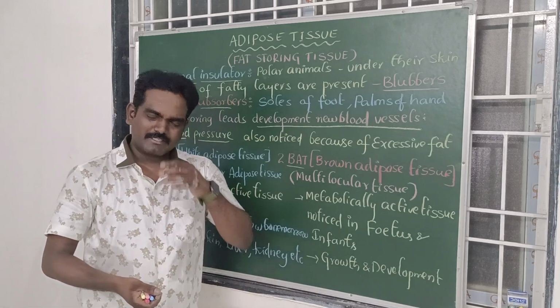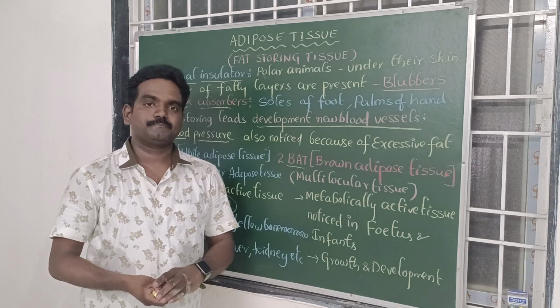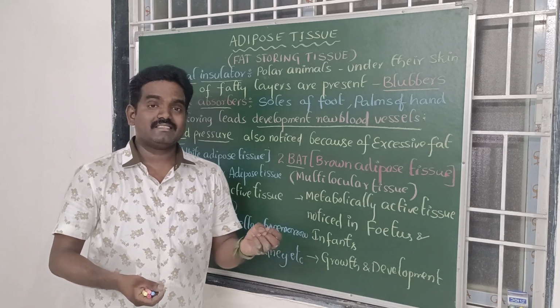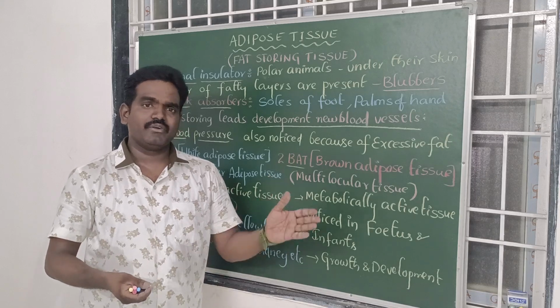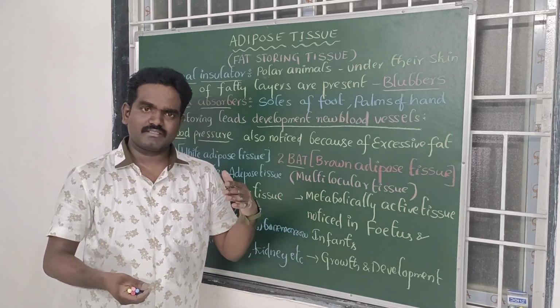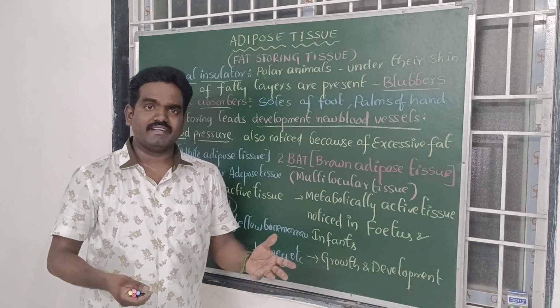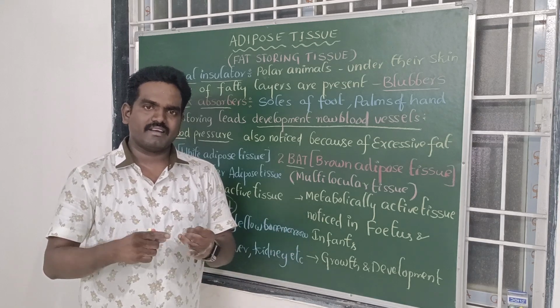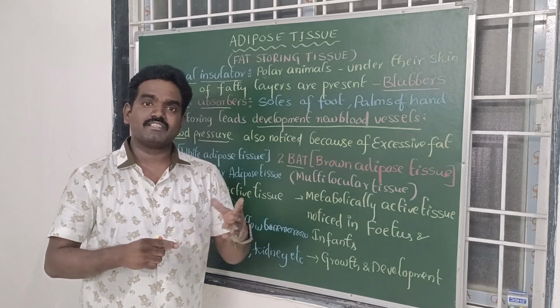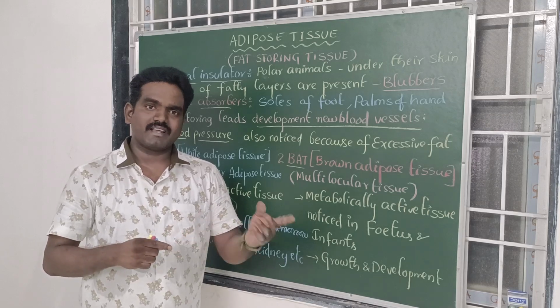In the next class we are going to talk about dense connective tissue. Loose connective tissue is completed: areolar and adipose. In areolar and adipose tissue, there are several types of cells that we have studied: fibroblasts, mast cells, macrophages, adipocytes, plasma cells. Fibroblasts secrete fibers. Plasma cells produce antibodies.